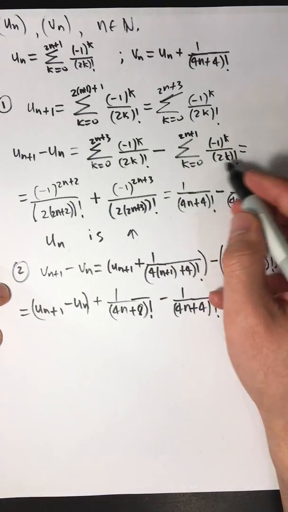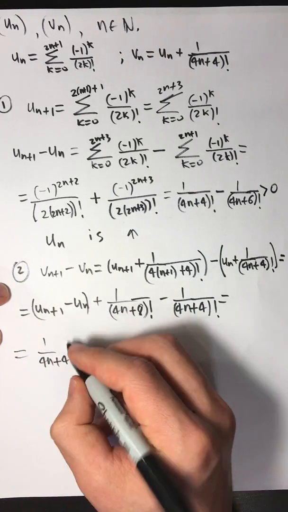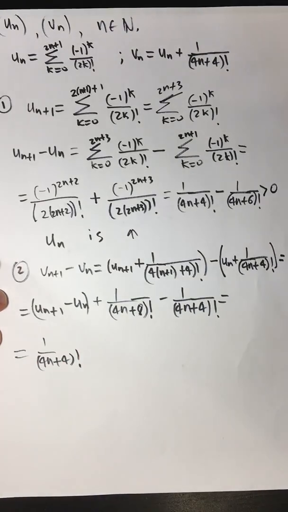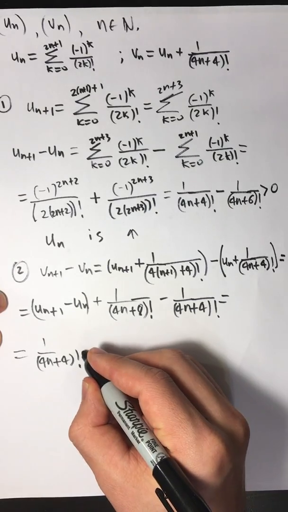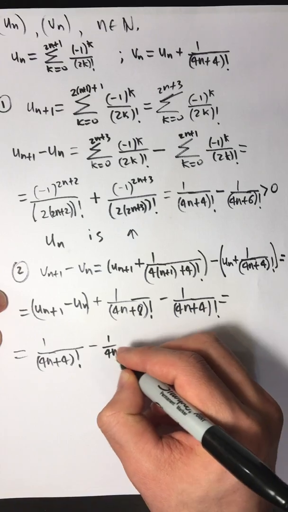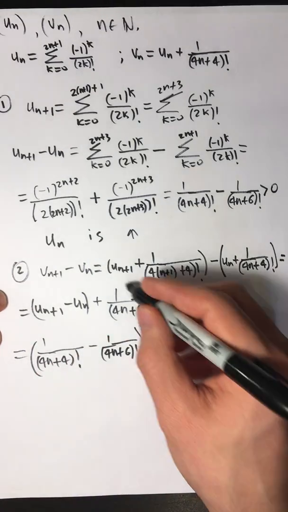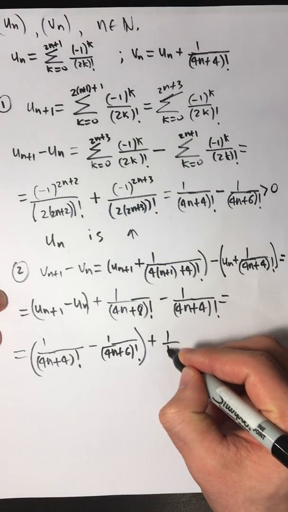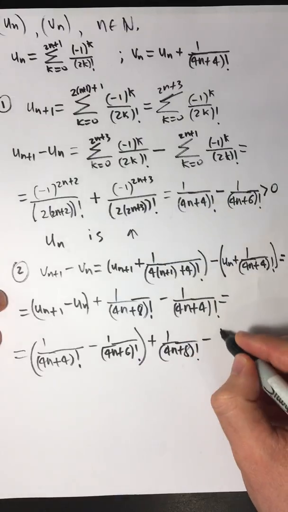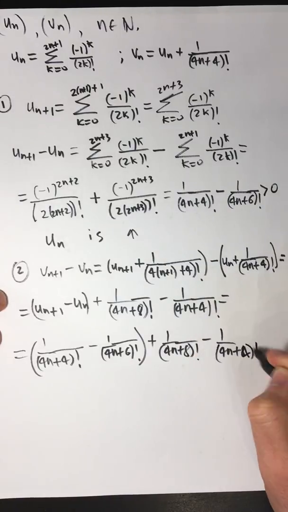Okay, the first difference we calculated here: 1 over 4n plus 4 factorial minus 1 over 4n plus 6 factorial, plus 1 over 4n plus 8 factorial minus 1 over 4n plus 4 factorial.